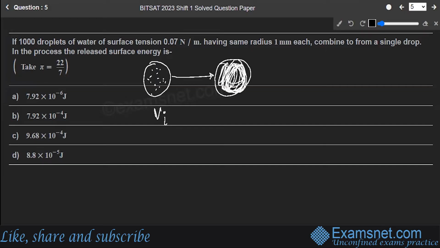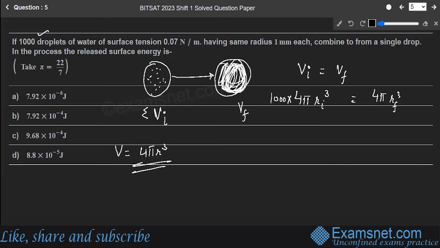That means the volume of all the droplets summed together is equal to the volume of the big drop, the final one. So Vi is equal to Vf, and the volume of a sphere is given by 4/3 pi r cube. That means 4 pi r initial cube into 1,000, because there are 1,000 droplets, is equal to 4 pi final radius cube.